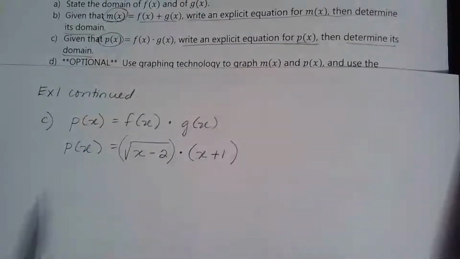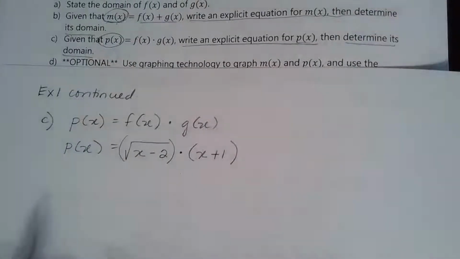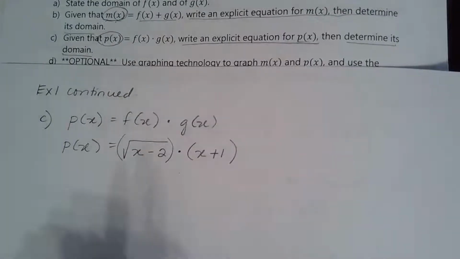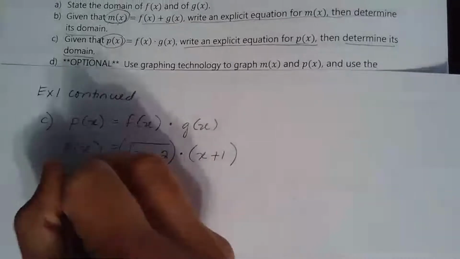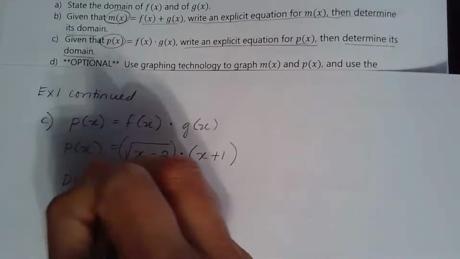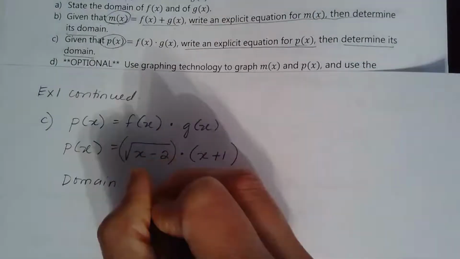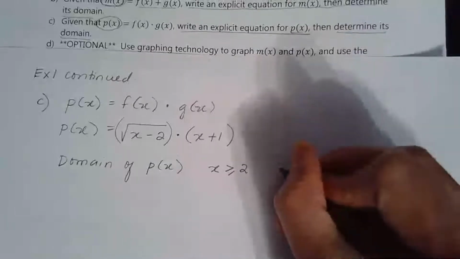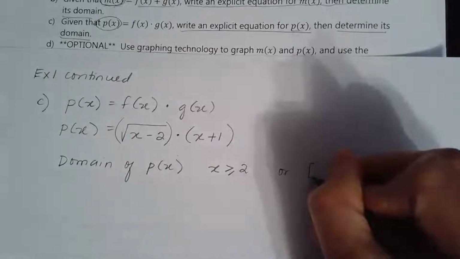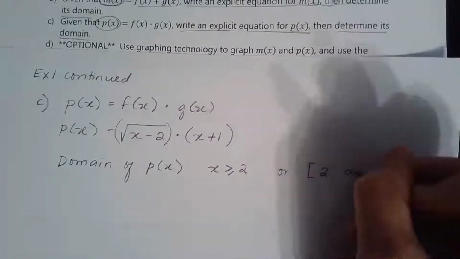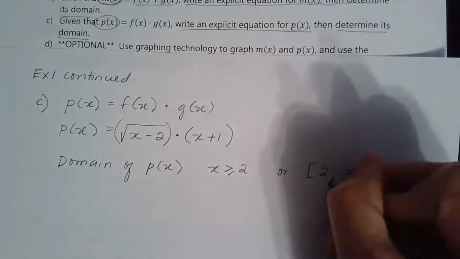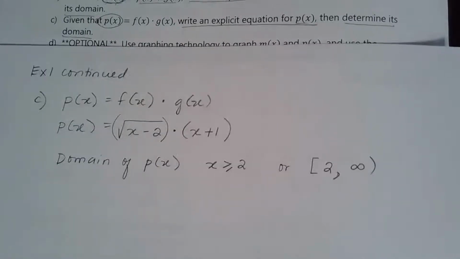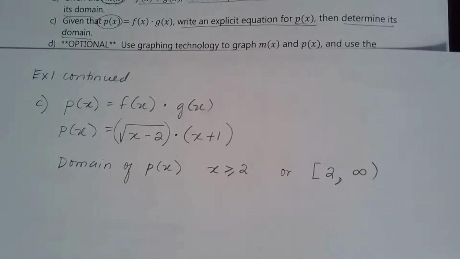So if we were to combine those two and multiply those two functions, the domain is still x greater than or equal to 2 in set notation, or 2 to infinity. That's the interval notation. Okay, so that one's not bad.